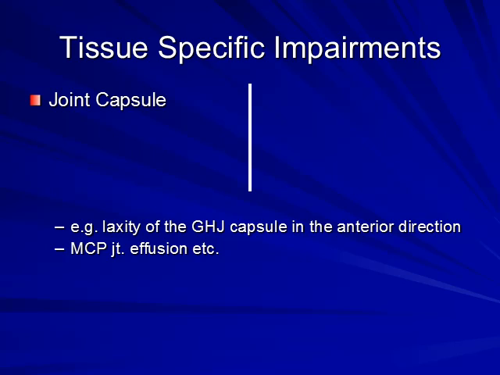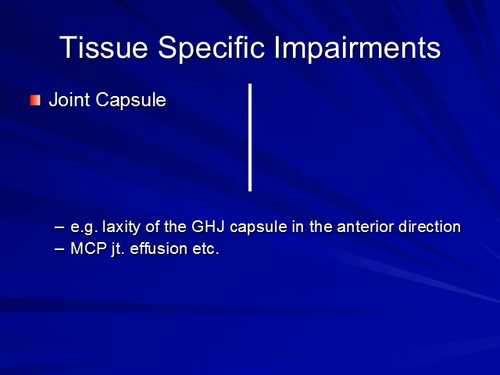Some potential impairments, and by no means is this an all-inclusive list, would include a tight joint capsule, an adhesion, which is scar tissue formation, usually somewhere within either layer of the capsule, and so you feel that limitation in one direction.